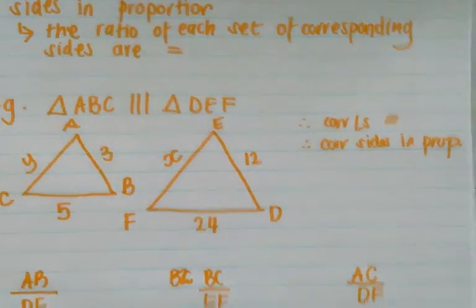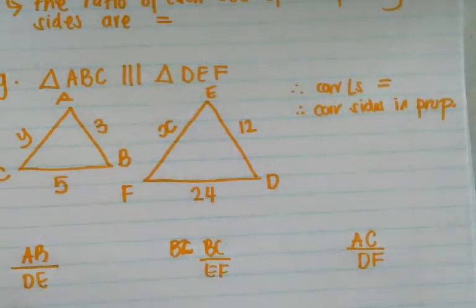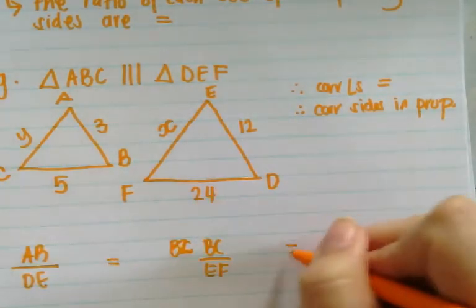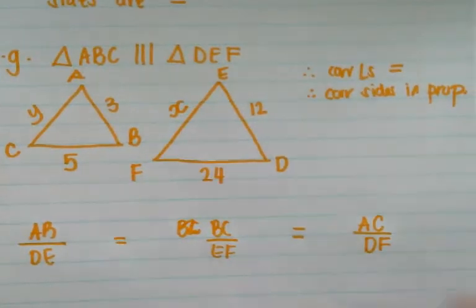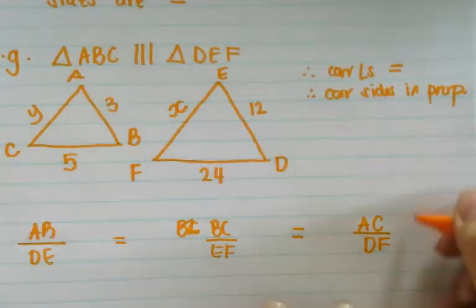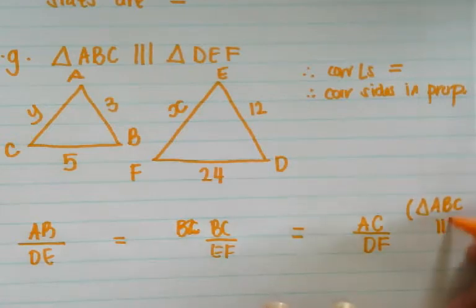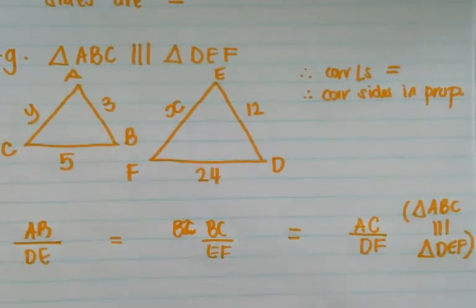Since they are in proportion, each of these fractions is equal to each other. How can I say that? Well, I know because triangle ABC is similar to triangle DEF. By saying they are similar, we are saying that those ratios are equal.